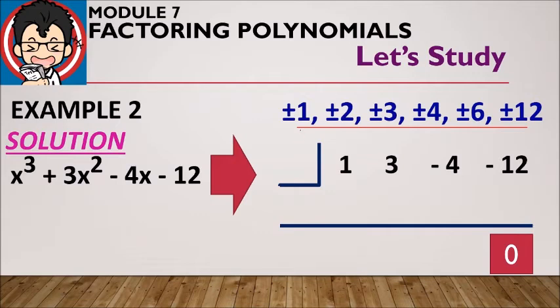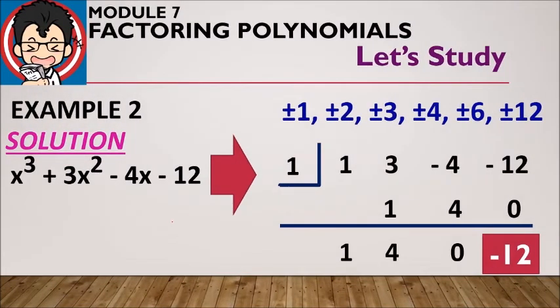So, kayo, it's up to you kung alin sa mga to ang gusto nyong unang gamitin. Now, on my case, I decided to try positive 1. Alright? Kaso, nung tinry ko yung positive 1, turns out, yung remainder ay hindi equal sa 0. Instead, it's negative 12. Pero sige, double check natin.